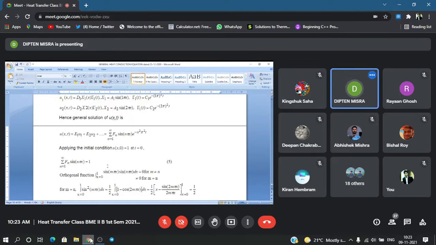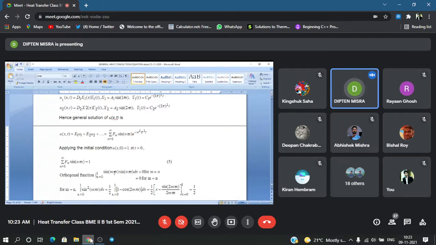Any function, it may be a sine function, maybe some other function. In general, capital X is a function of x. This will be called orthogonal if we multiply this function with a similar orthogonal function with distinct values of the multiplier. This n is a general value that can vary from 1, 2, 3, 4, 5, 6.